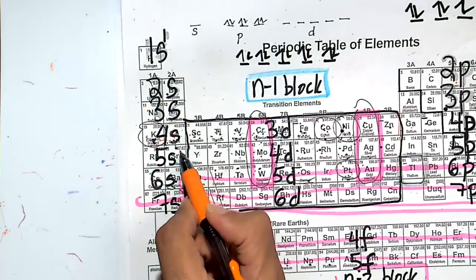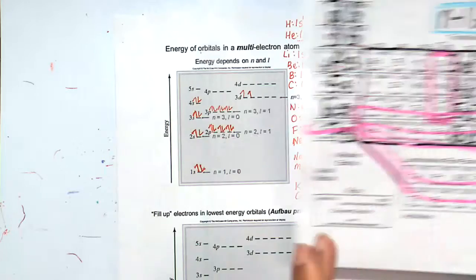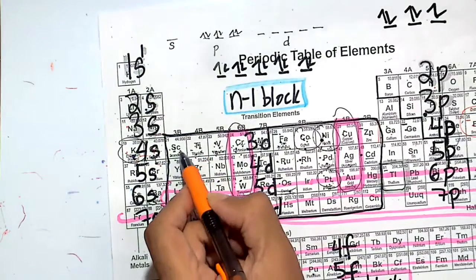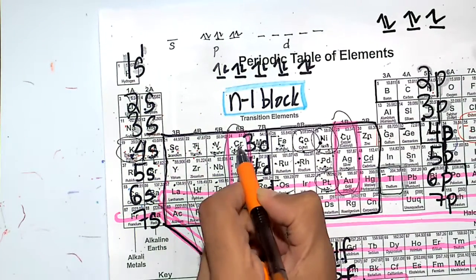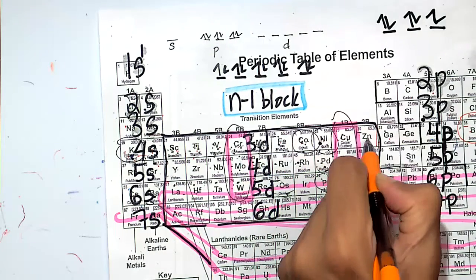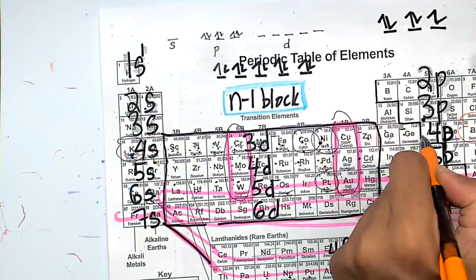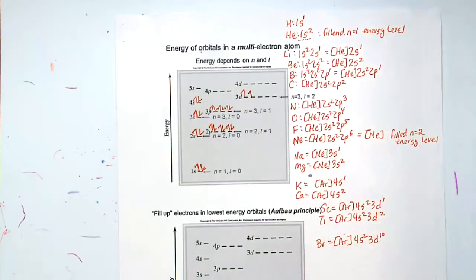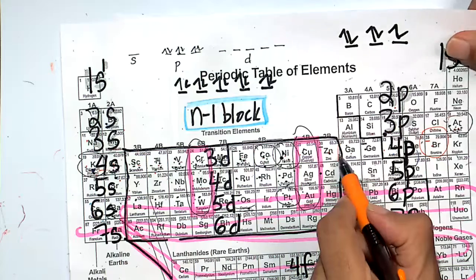4s2. Okay, the electrons go marching in. Hurrah, hurrah. 4s2, 3d1, 3d2, 3d3, 3d4, 3d5, 3d6, 3d7, 3d8, 3d9, 3d10. Now we're entering into p territory, 3d10. After we complete 3d10, where do we go?